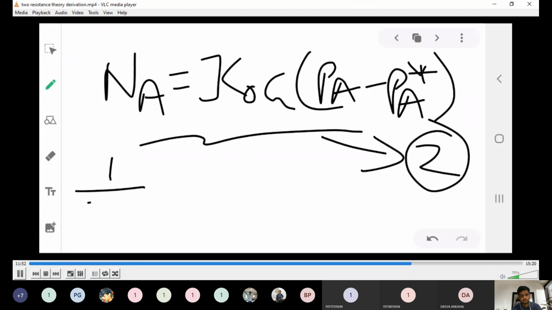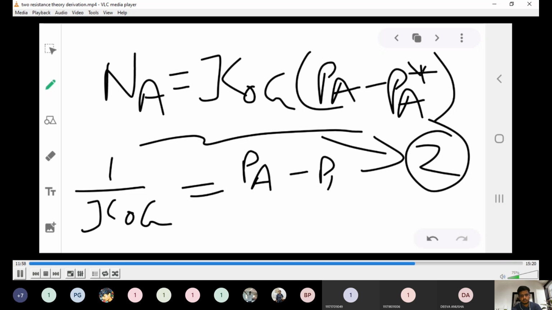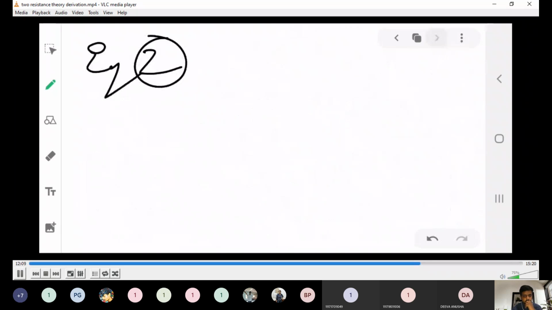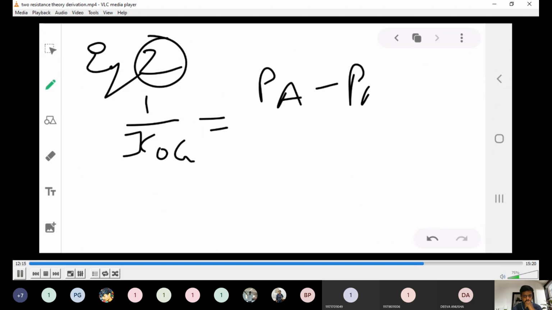So we can write this equation as 1 by KOG is equal to PA minus PA star by NA. The same equation we have to write there and reduce the parameters. 1 by KOG is equal to PA minus PA star by NA.